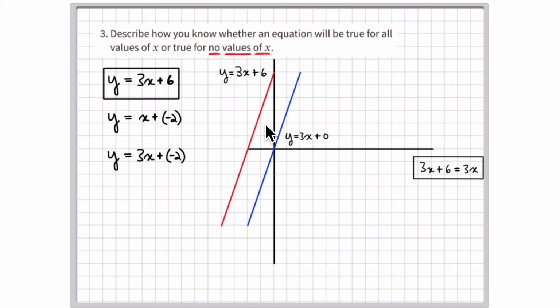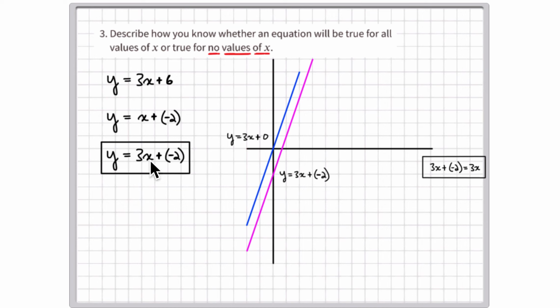But on the other hand, if you look at each one of these separately, this expression ended up being 3x plus 6 is not equal to 3x. So if you draw the graph of the linear equation for each side, you get parallel lines.